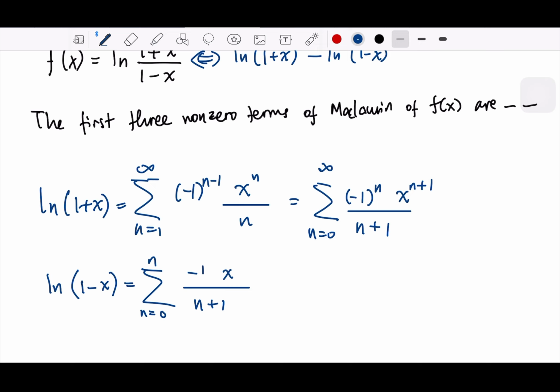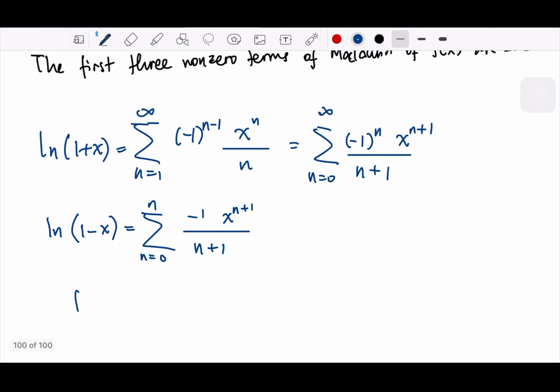And simply it becomes n plus 1 and then negative 1, because we have the negative from the x coming outside. So f of x is ln(1 plus x) minus ln(1 minus x).